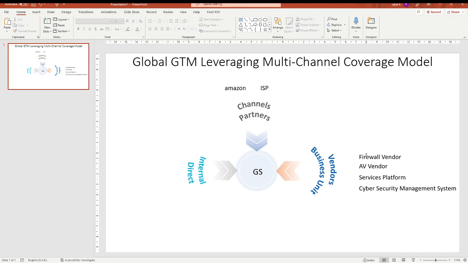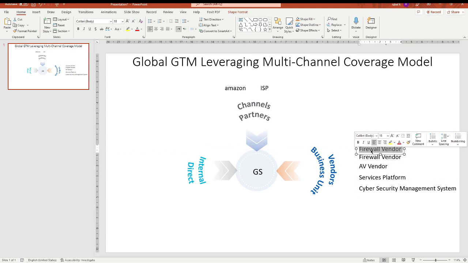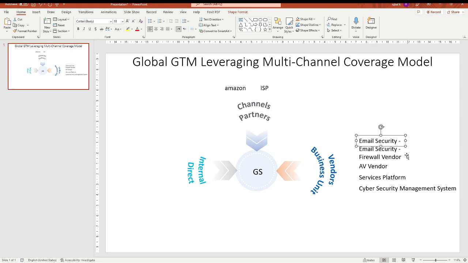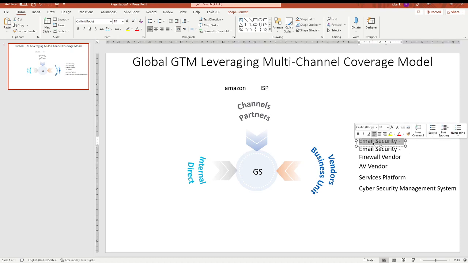So like this, you have an alliance with a lot of the companies which give you some products, some services, some portals. Similarly, if you are into email security, then you probably have a portal for the email security. And then if you are into the remote access business line, you have MFA, multi-factor authentication.